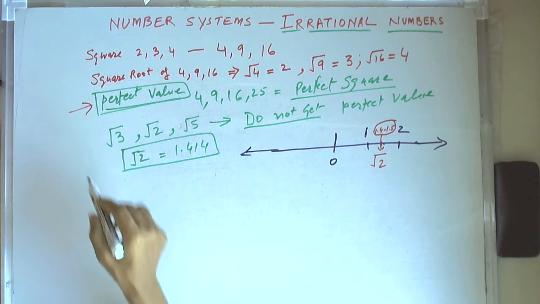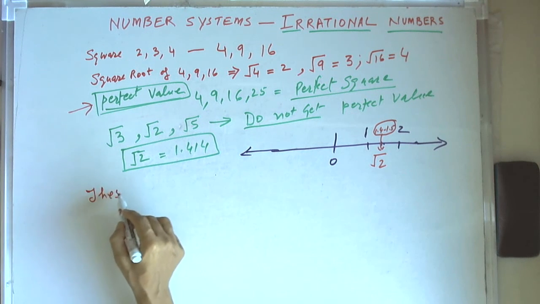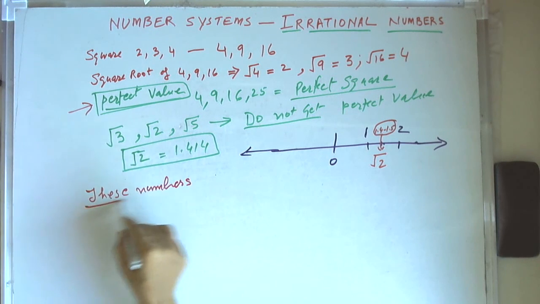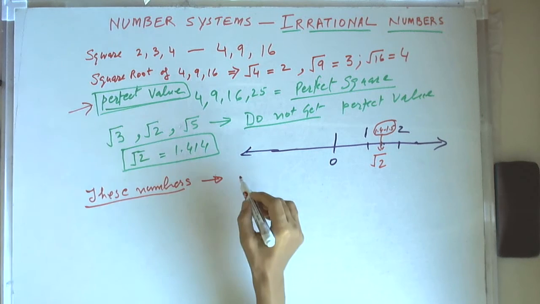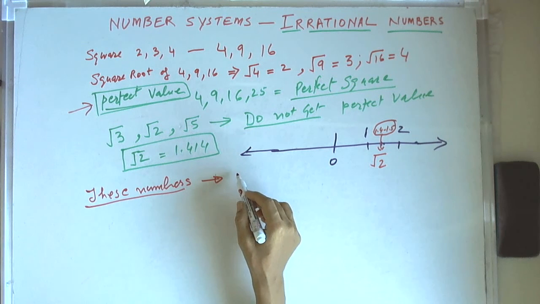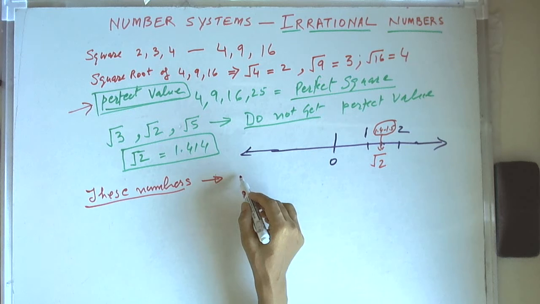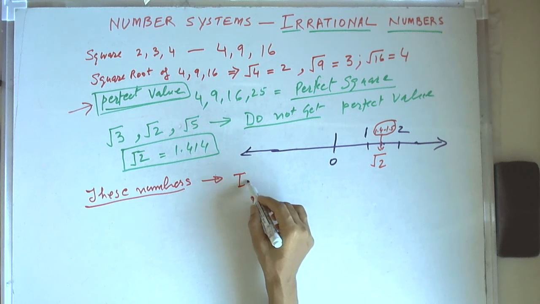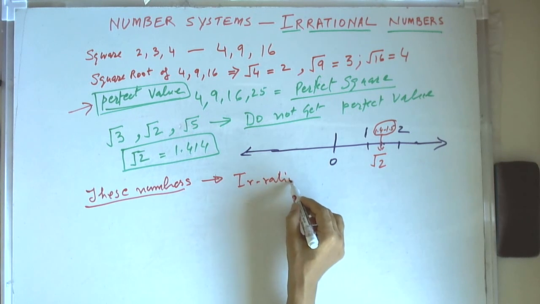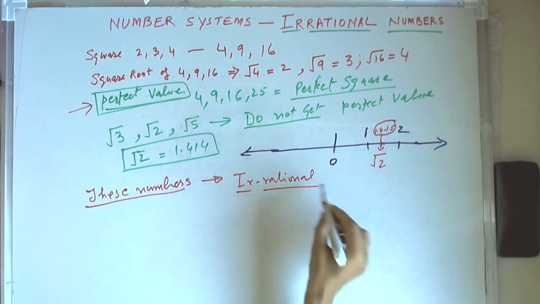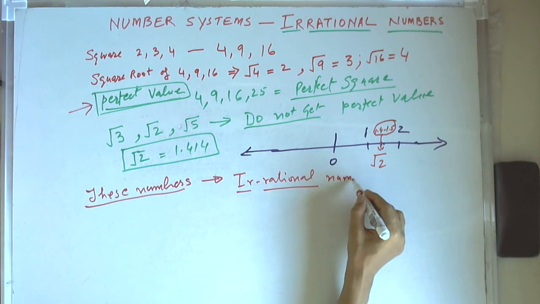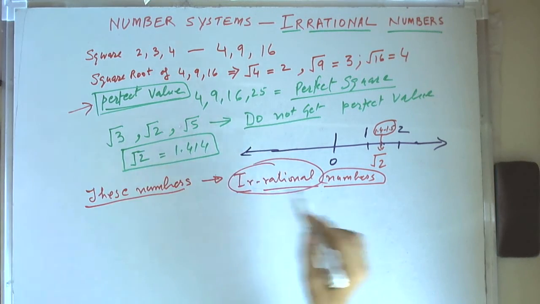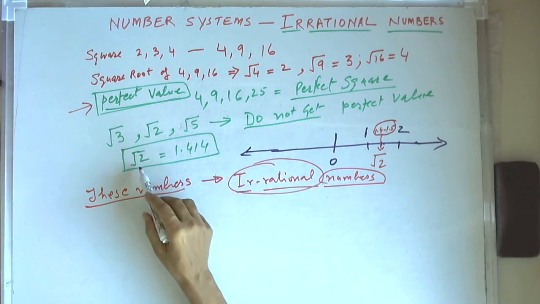So these numbers where we do not get a perfect value and we only get an approximate value are called irrational numbers.